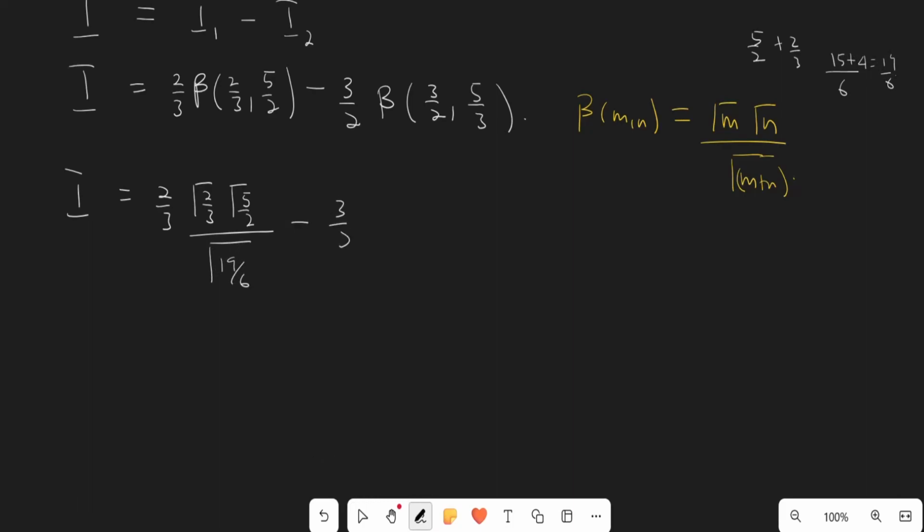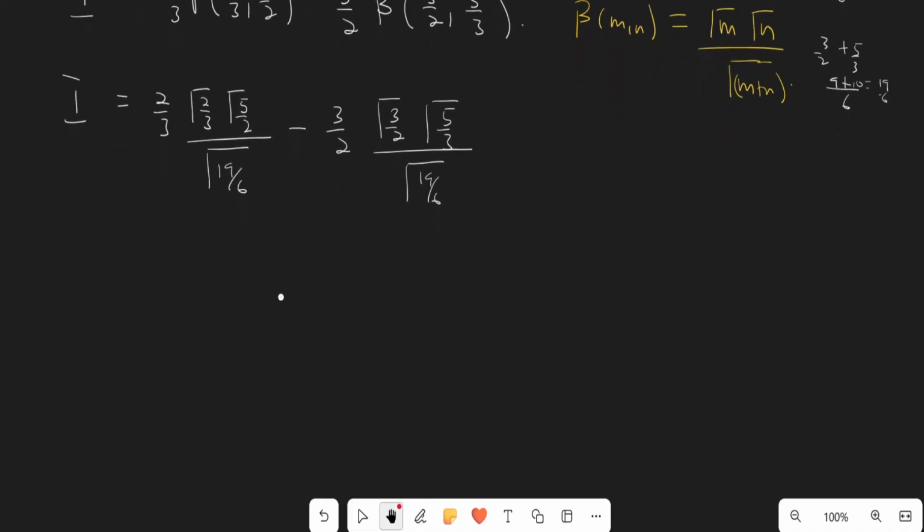Minus 3 over 2, gamma of 3 over 2 times gamma of 5 over 3 divided by gamma of the sum, 3 over 2 plus 5 over 3. LCM is 6. This one is 9 plus this is 10. So that's the same 19 over 6, for the second one as well.